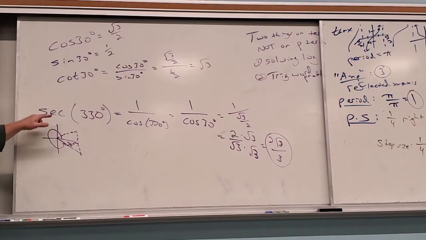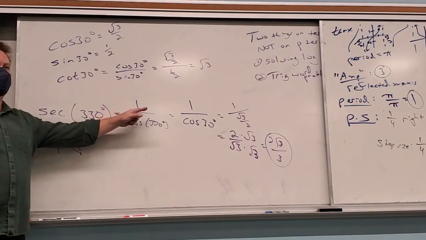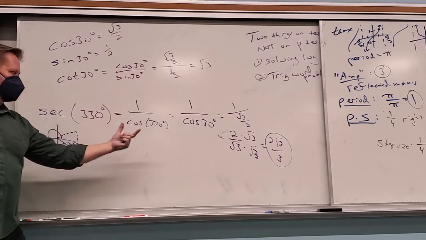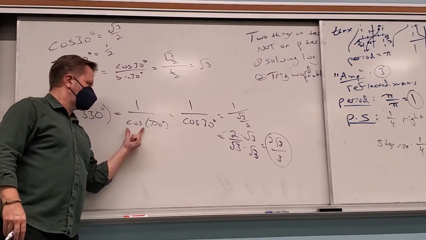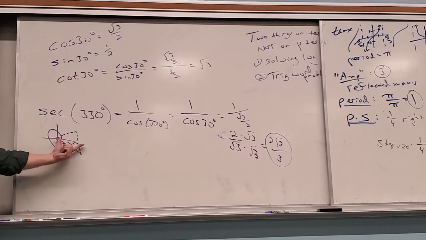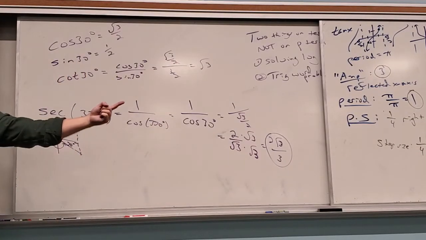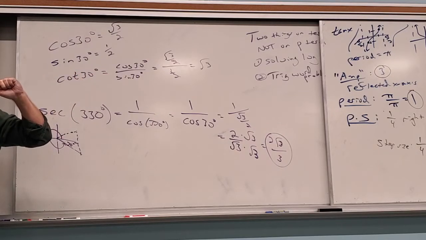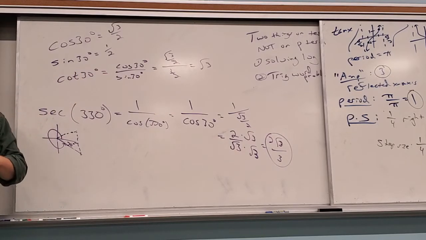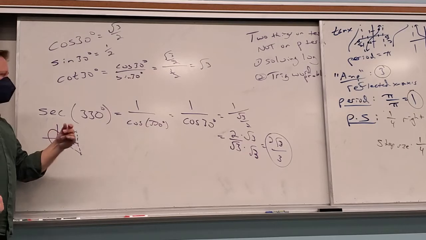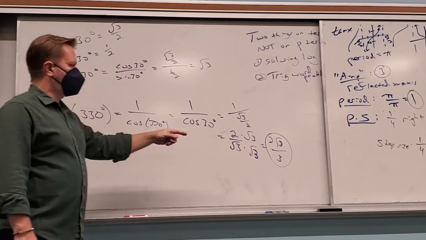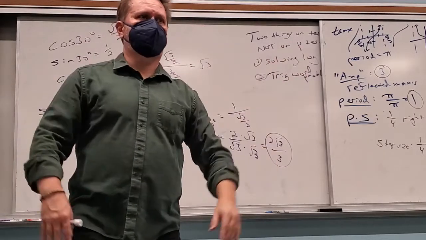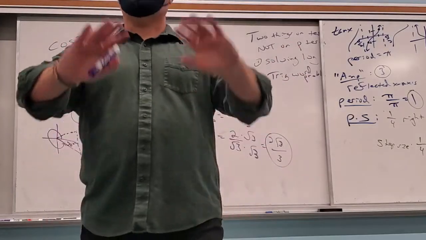So I ask you about secants, okay? You don't freak out, because it's just immediately 1 over cosine. You can immediately do that. Then you get the reference angle, and you figure out, is cosine positive or negative? Well, it's positive, because x is positive here. Again, if you want to memorize that secant of 30 equals 2 rad 3 over 3, that's your thing. I wouldn't want to do it, but you can if you want to.